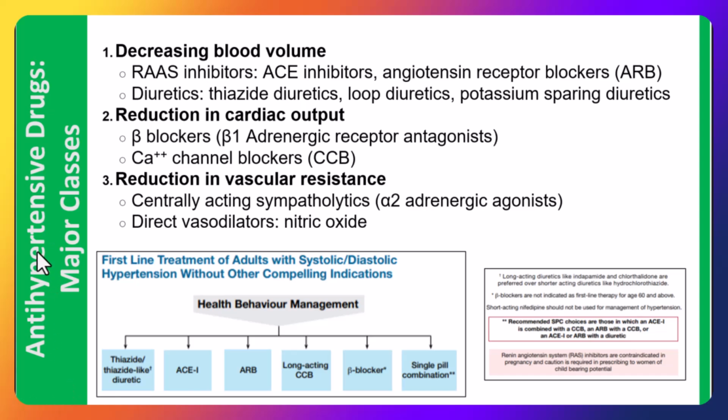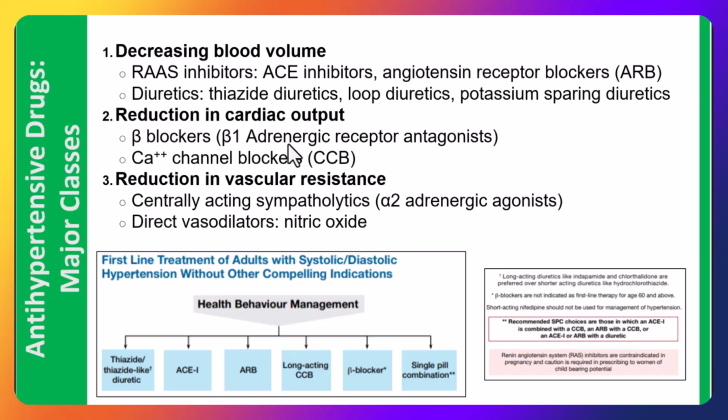Now let's look at antihypertensive drugs and some of the major classes. They can be grouped according to whether they decrease blood volume, reduce cardiac output, or reduce vascular resistance, all of which will then reduce blood pressure. We'll talk about these on upcoming slides, so this is really an overview. When we talk about decreasing blood volume, we know that if there's less volume of blood in the vessels, that means less pressure.